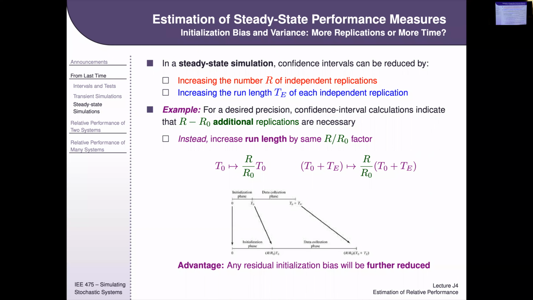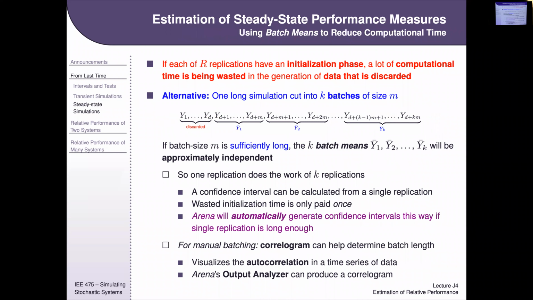Okay. All right, then the other alternative we have, if we can run really long replications, is something that Arena tries to do for you automatically. If you run a really, really long simulation for a steady state simulation, you can discard your initialization phase, and then you can cut the rest of the really long data collection phase into batches.